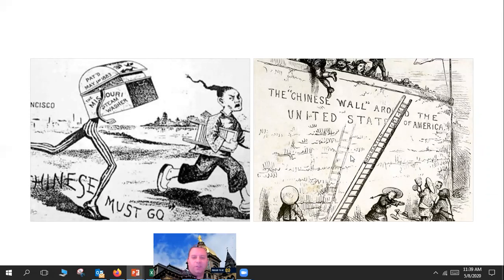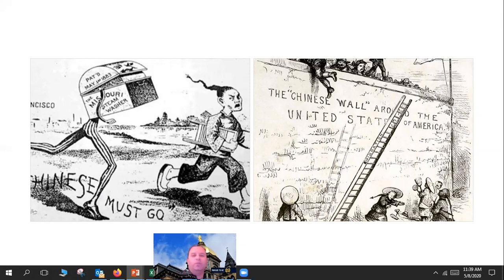Same thing over here. We have a wall being built to try to keep the Chinese out, right? It is ironic that this cartoon comes from the 1800s and it's talking about building a wall. Like we often say, history repeats itself. But this wall was figurative.